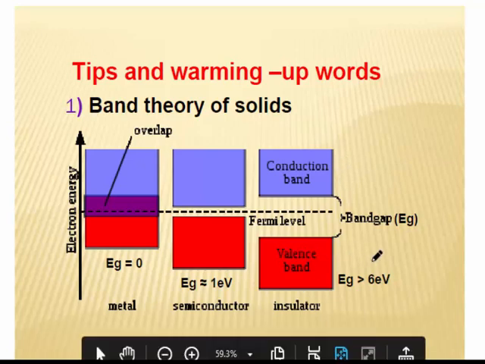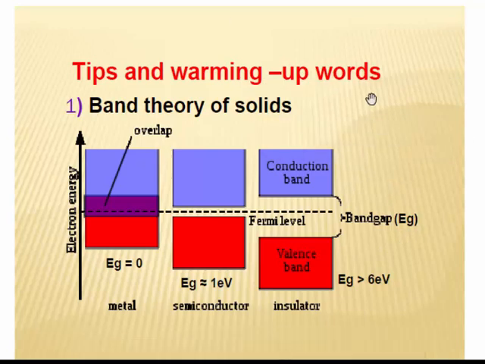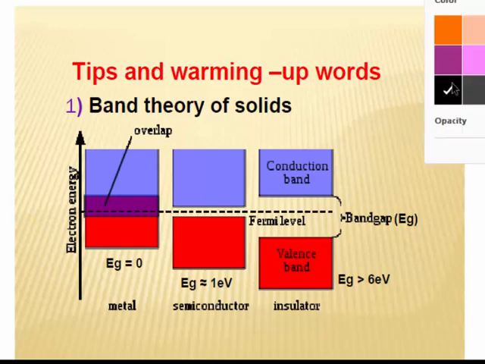First I will discuss the valence band. What is the valence band? The valence band is the energy band which has valency electrons, and it is the outermost orbit of the atom.